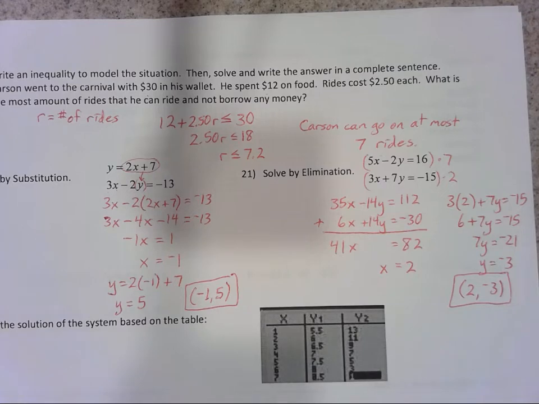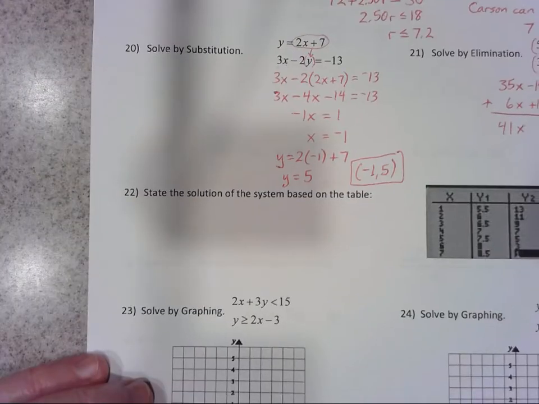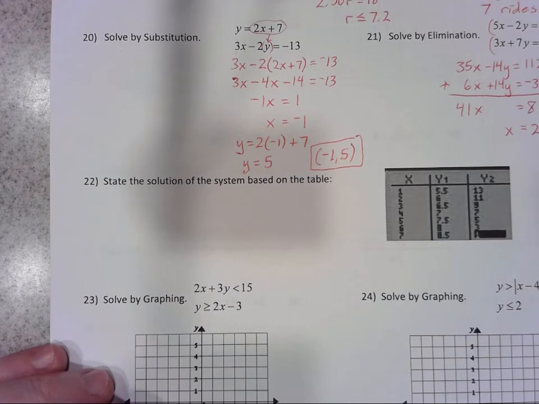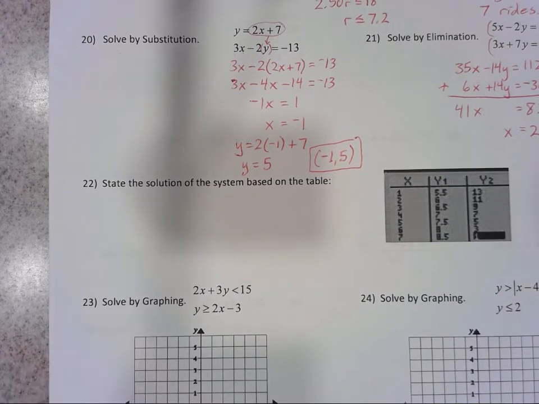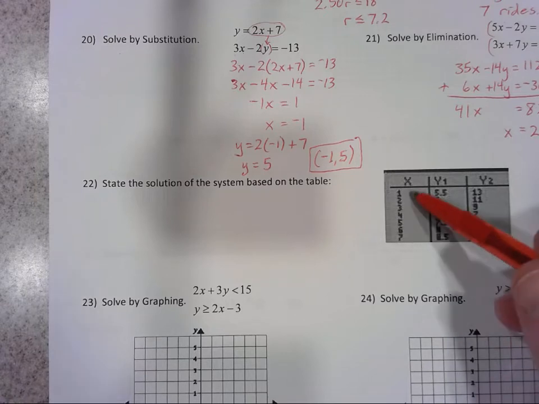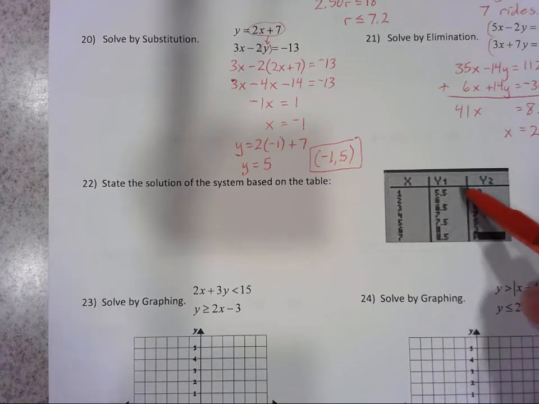Number 22. So in a system of equations, we're looking for an x and a y value that are true for, that are solutions for both equations. And so when we're looking at a table, I want to find where the y values are the same for that same x value.